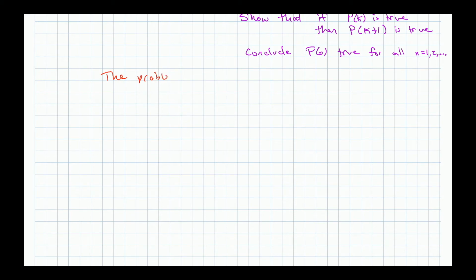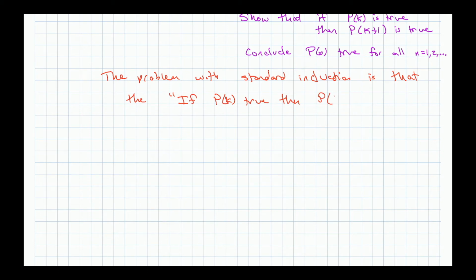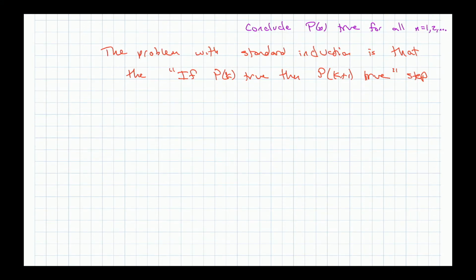But the problem with standard induction is that the step "if P of k is true, then P of k plus 1 is true" can't do every proof that we would like to do.